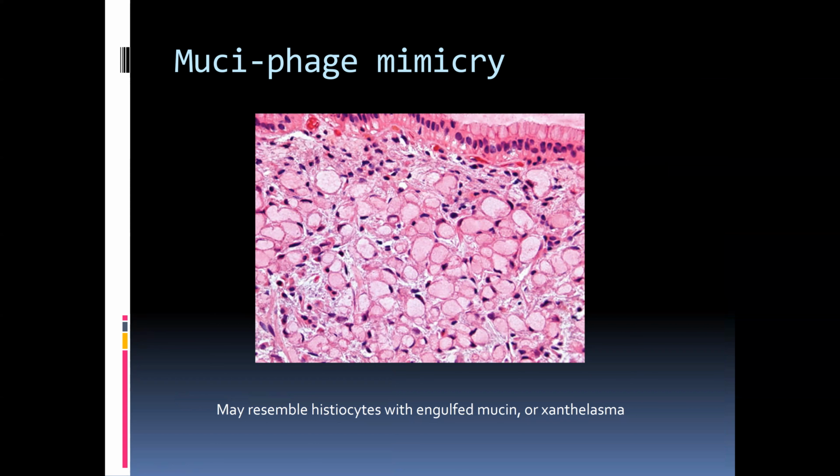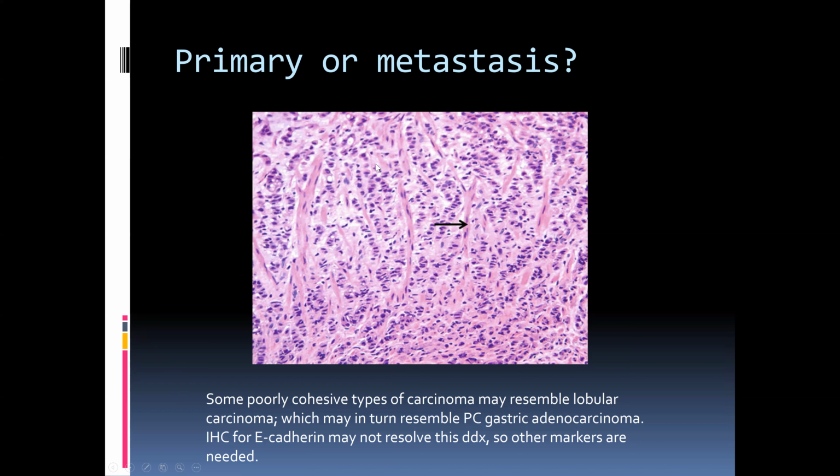Here's a further example of a poorly cohesive, more linitis plastica type of appearance. But here you can see how similar this is to the cords and strands of lobular breast cancer. This is actually metastatic breast cancer in the stomach masquerading as poorly cohesive carcinoma.